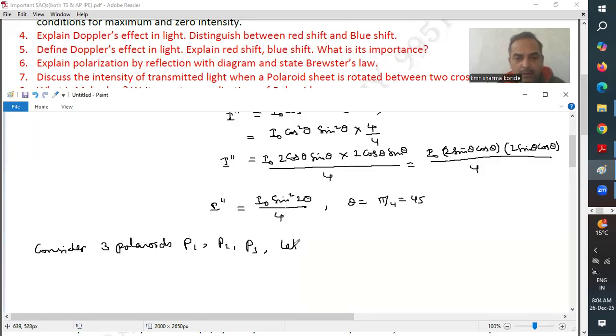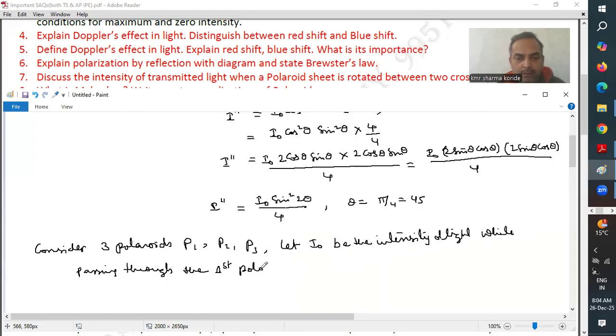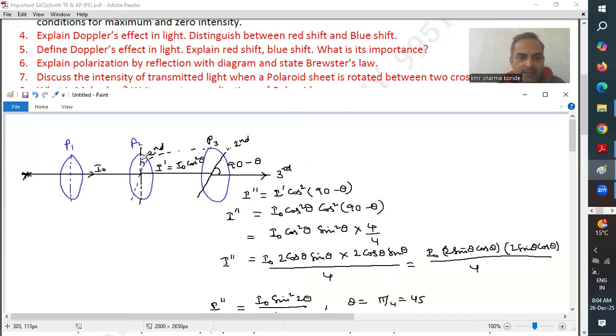Let I naught be the intensity of light while passing through the first polaroid. Because the angle between two transmission axes is theta, let us include that.